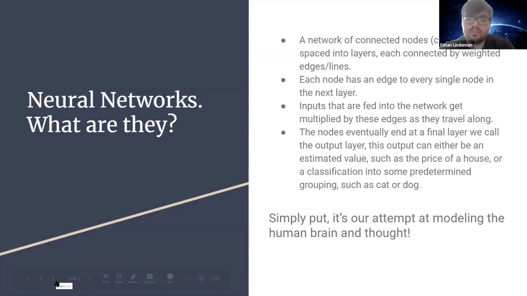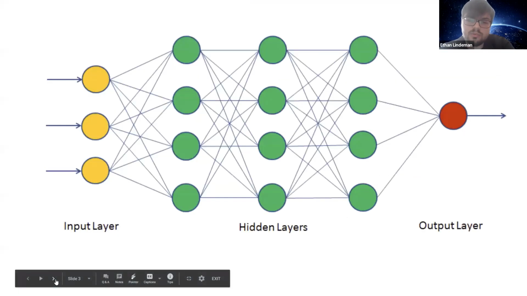So the idea behind it is if we connect things properly and they're firing in the right way, then we should be modeling how the human brain is detecting patterns and matching things. In the next slide, we'll show an example of a very basic neural network.